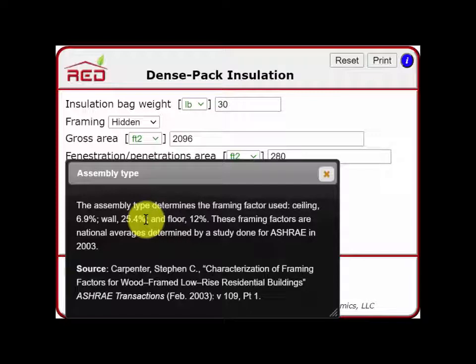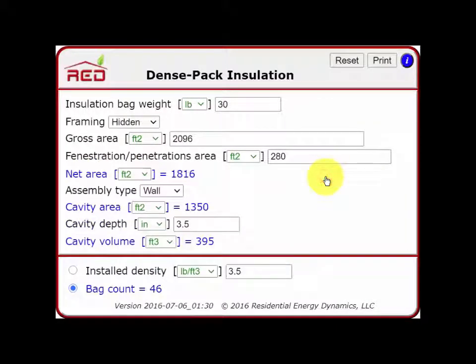A significant amount of the wall is framing. So wherever there's framing, of course, we cannot put in DensPak insulation. And for the floor, we have 12%. So those are included as part of the inputs that are under the hood for the tool.